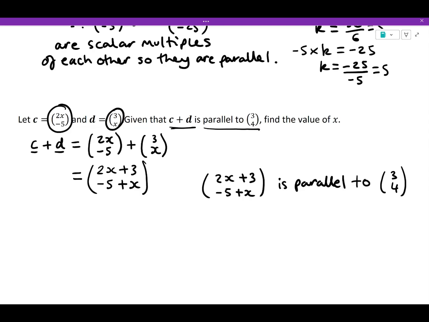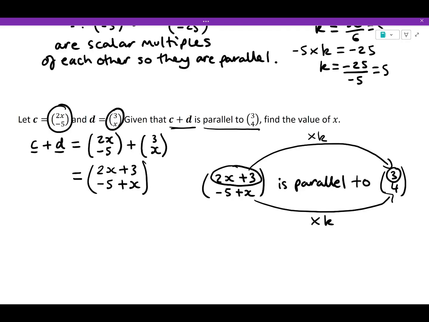Well, we know if they're parallel, then in order to get from 2x plus 3 to the 3, I have to multiply by some value. And then to get from the -5 plus x to the 4, I'd have to multiply by the same value. Now, in order to figure out what this value is, the calculation we can do for the horizontal components is 3 divided by 2x plus 3.